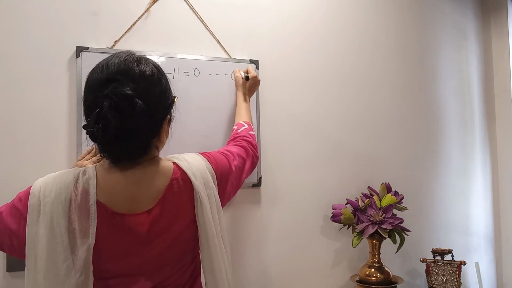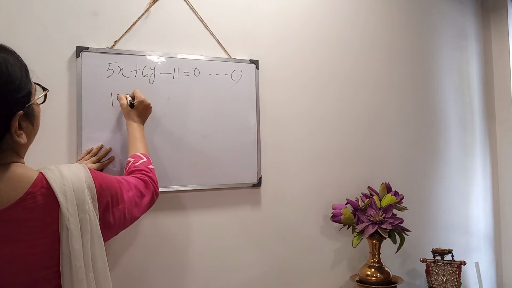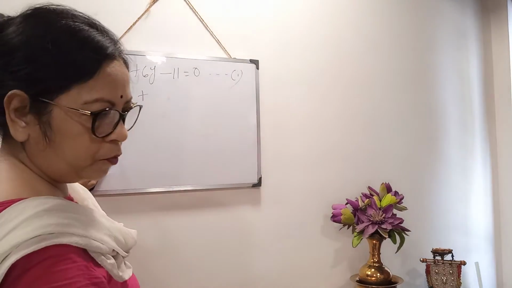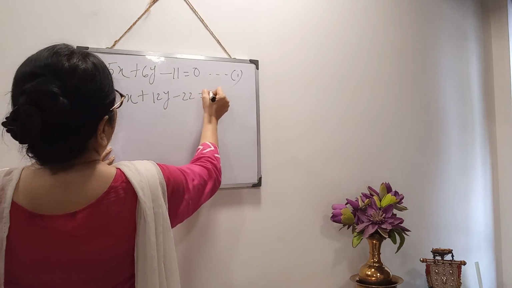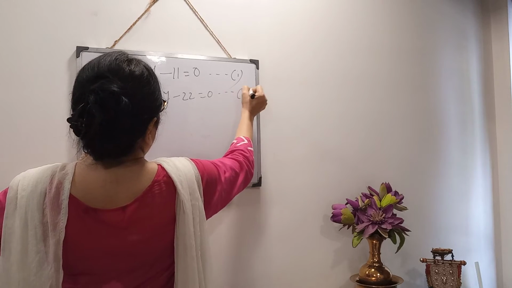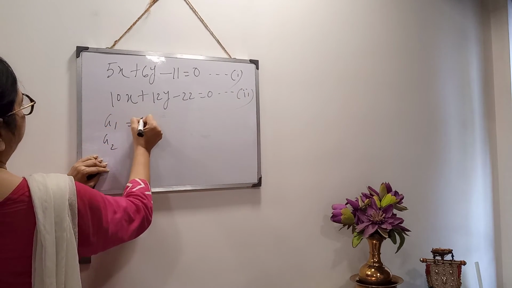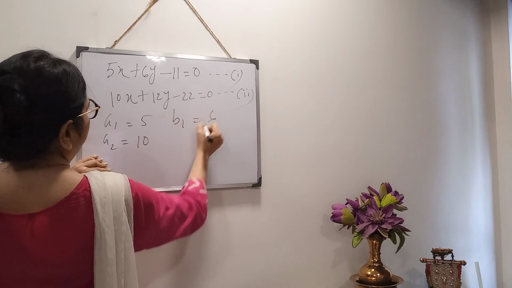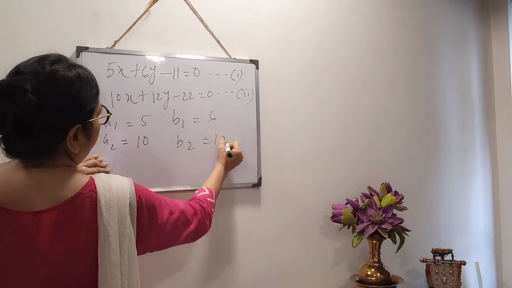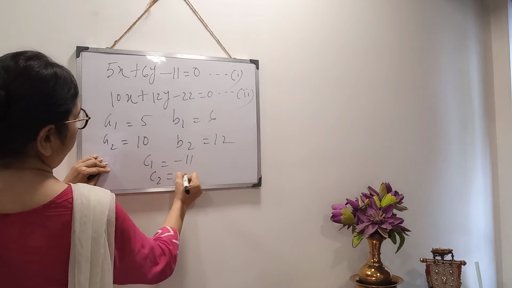That is equation number 1. Second one, 10x plus 12y minus 22 equals to 0. Then first step will be, you have to find out a1, a2. Your a1 is 5, a2 is 10. b1 is 6, b2 is 12. c1 is minus 11, negative sign also you have to consider.